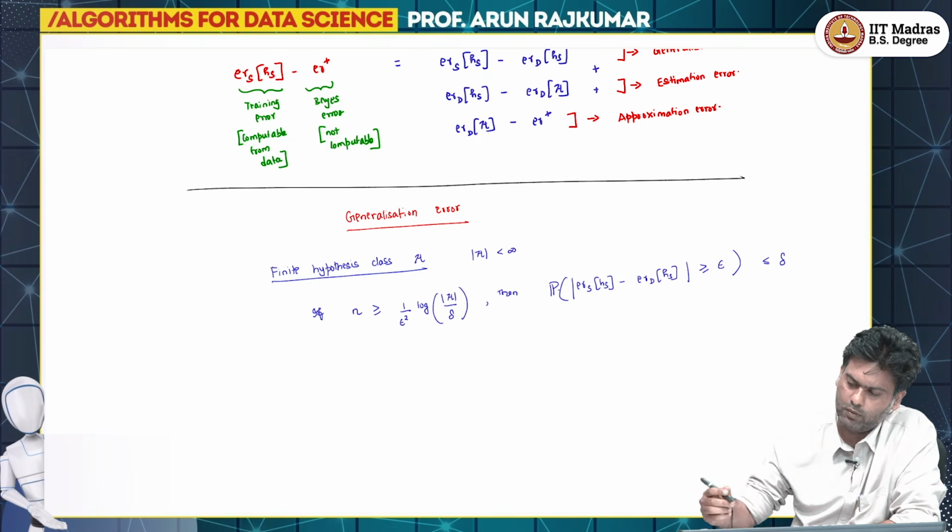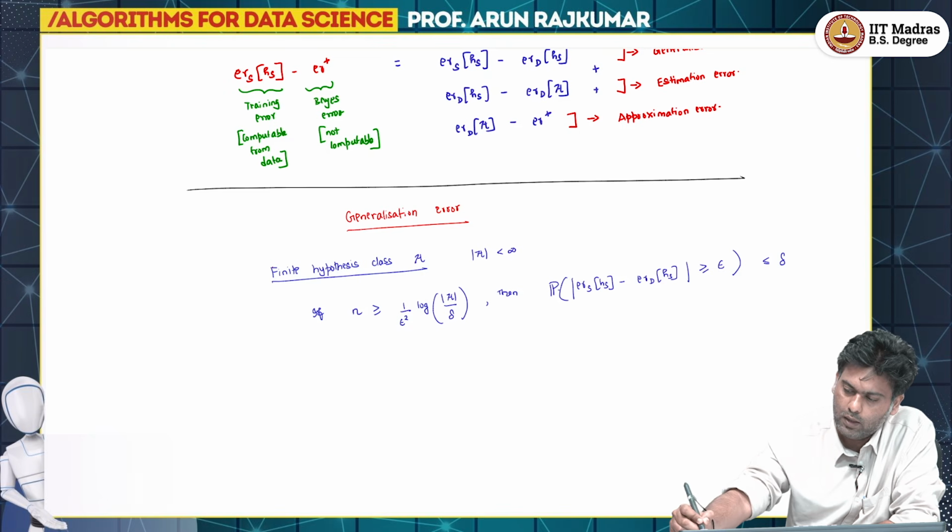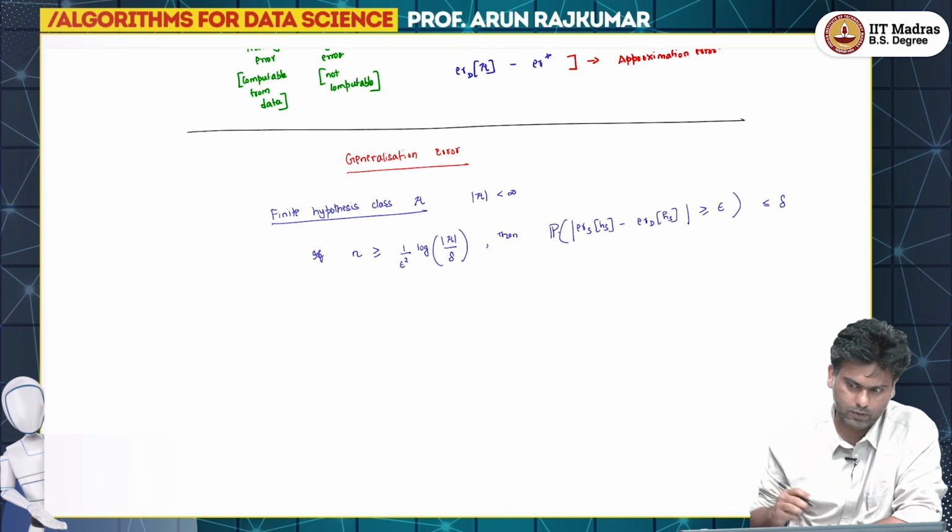This is a sample complexity result. That is the first thing we saw.